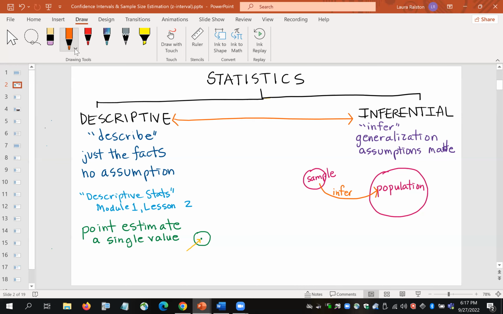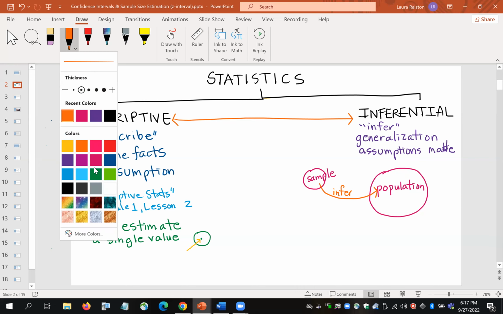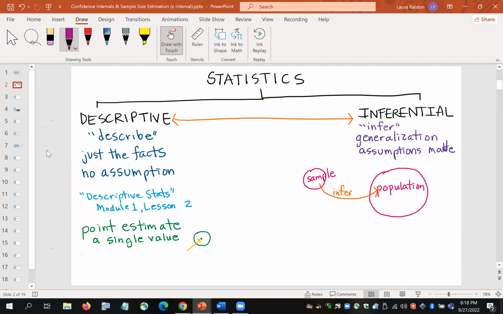But if I'm using that point estimate, that single value, I don't have any leeway for possibly being off or wrong.